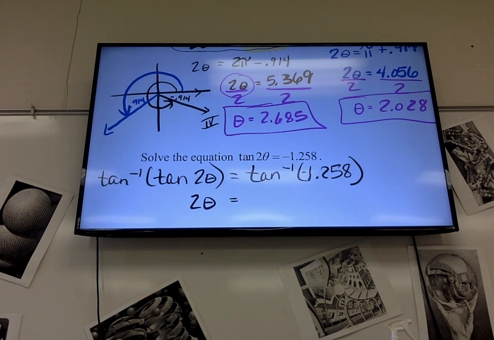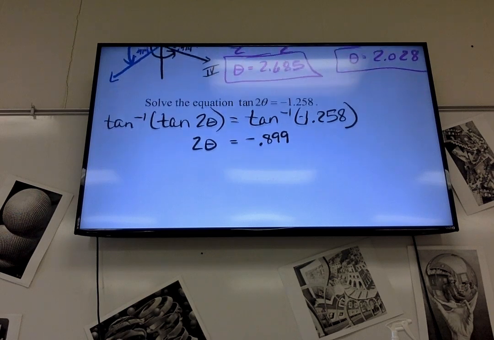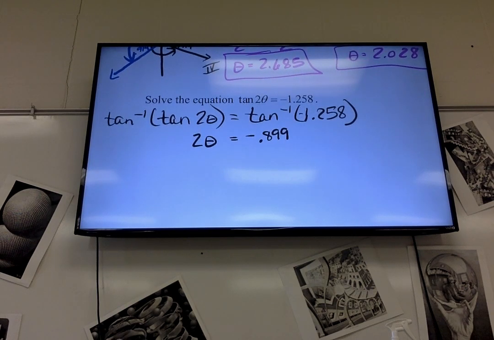Jose, what'd you get? Negative 0.899. Yep. So what quadrant is negative 0.899? Quadrant 4, because it's negative, it's going down.